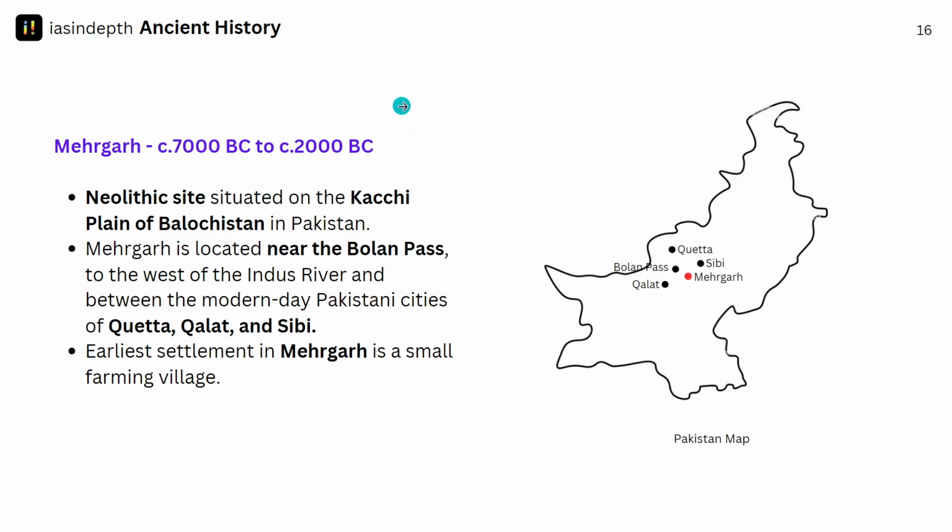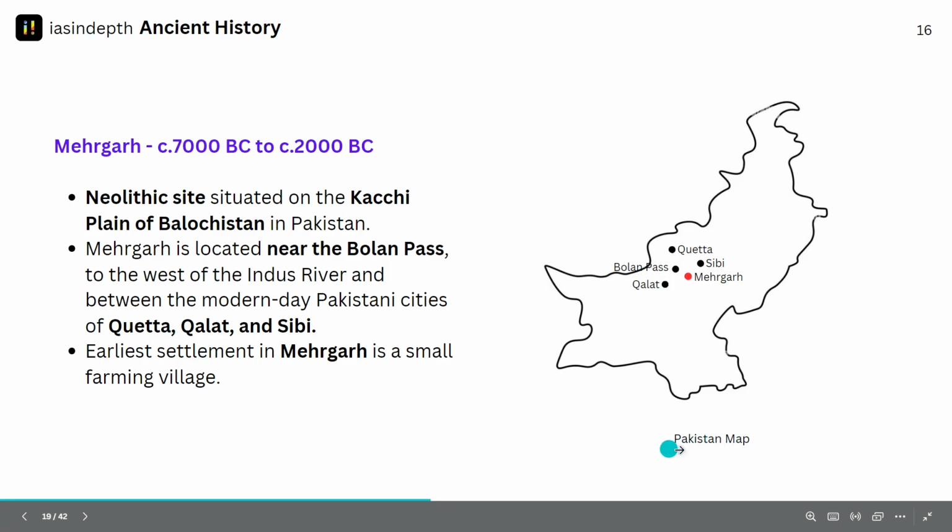So Mehrgarh is the most important site if you're considering Neolithic sites. The Neolithic site is situated on the Kachi plain of Balochistan. So where is it located? It is located in the Balochistan province of present day Pakistan.